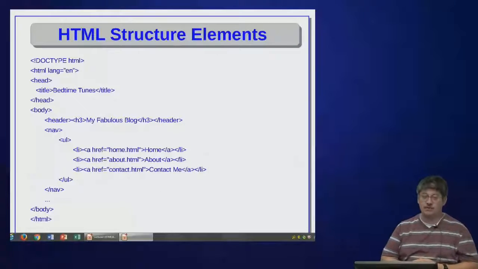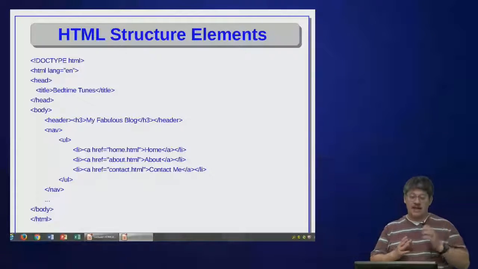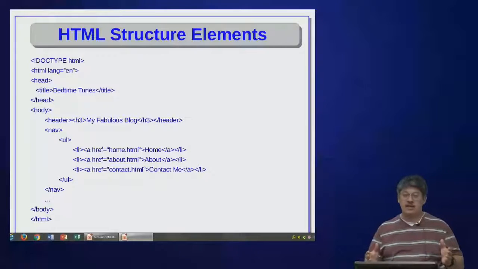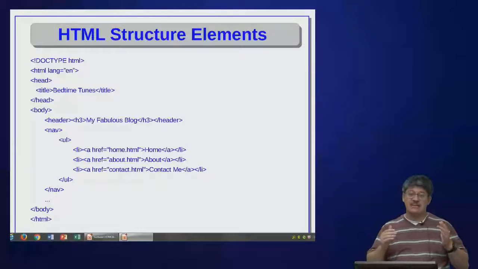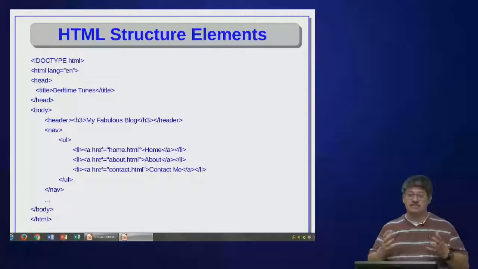So here's an example of a page that uses some of these structure elements. Notice I've got my doctype tag in the usual boilerplate code we've been using all along. And then within the body, I have a header section containing the H3 heading, My Fabulous Blog. And that header is associated with a navigation bar. So here's this nav section, the nav tag and /nav tag, that contain a nav bar, a list of links.